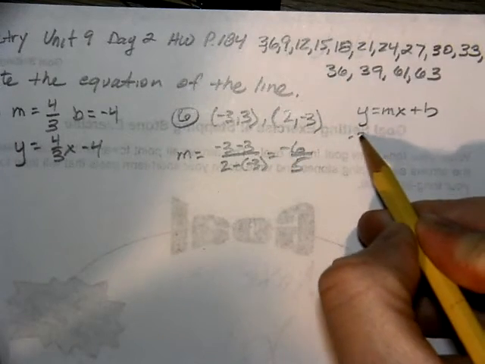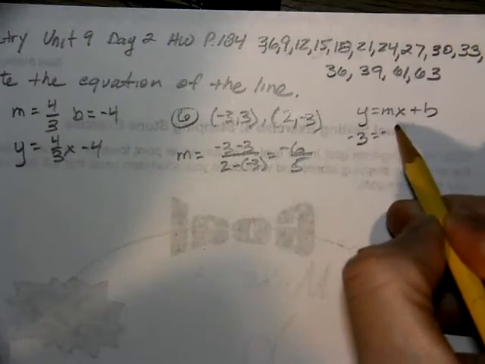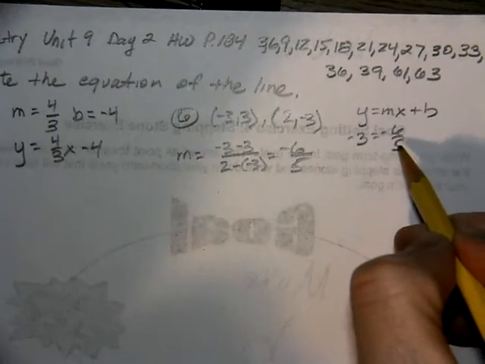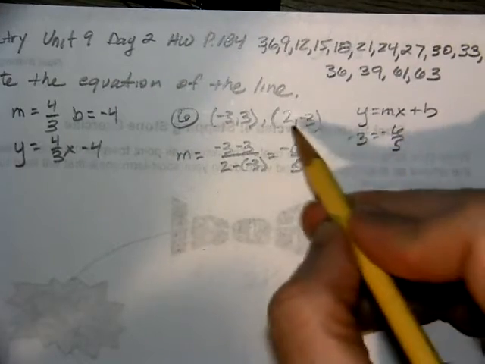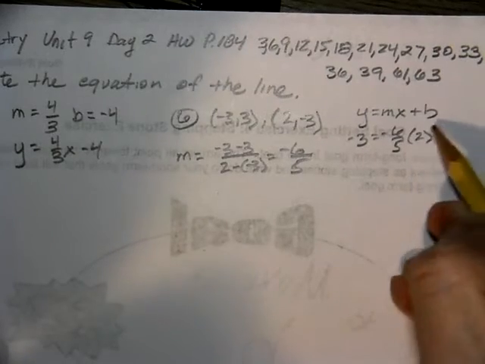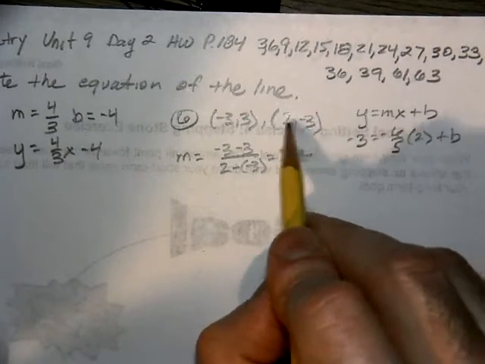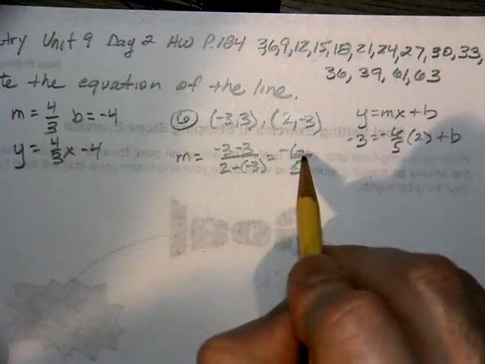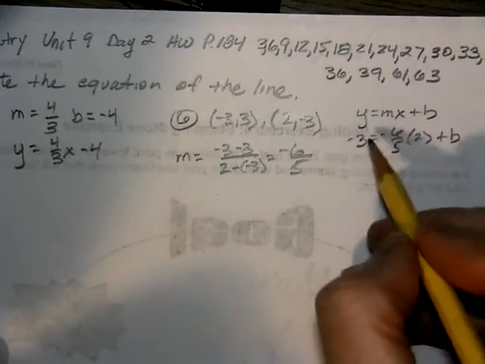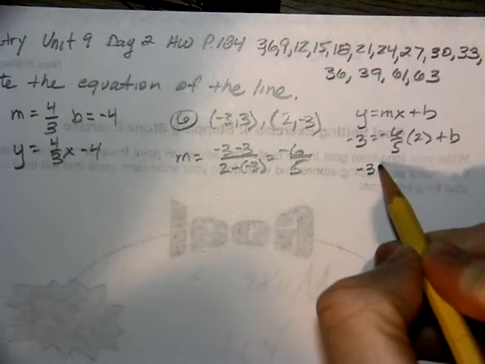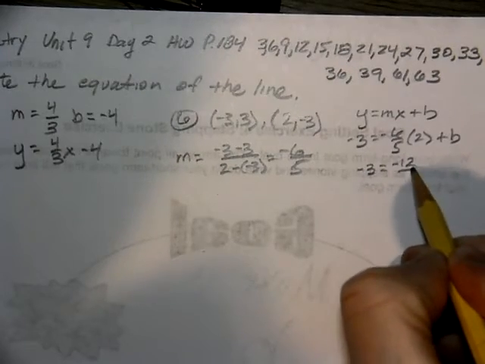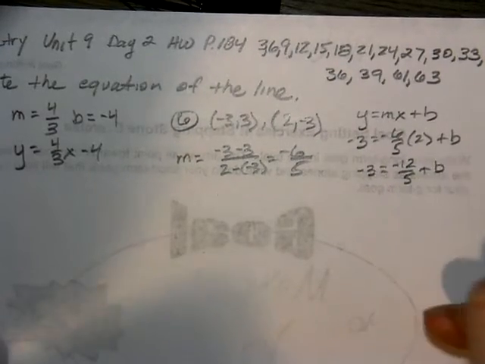I'll use the negative 3 for the y, negative 6/5 for the slope, and 2 for the x. So 2, negative 3 were my x and y. My slope was negative 6/5. So that gets negative 12/5.